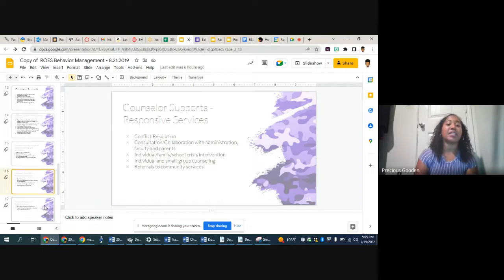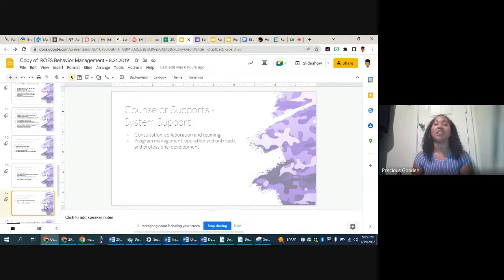That's based on referrals as well. The teacher will identify those conflicts and speak with the counselor about that and address those needs. We already briefly touched base on that.